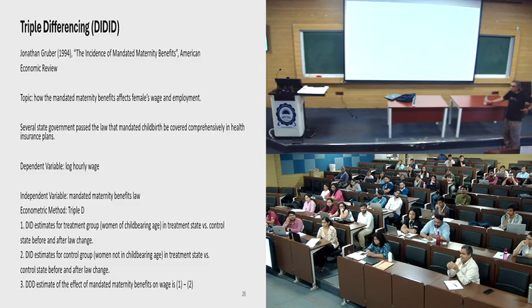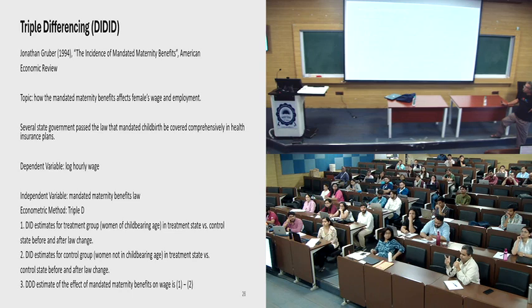I was just understanding when do we use DD, difference in difference, and when do we use triple difference. So in DID we have 2 time periods and treatment and control group. In triple D we have 2 time periods but 2 different control groups.